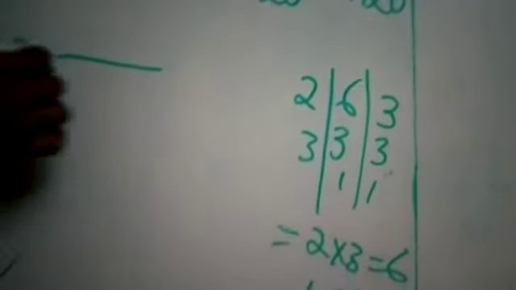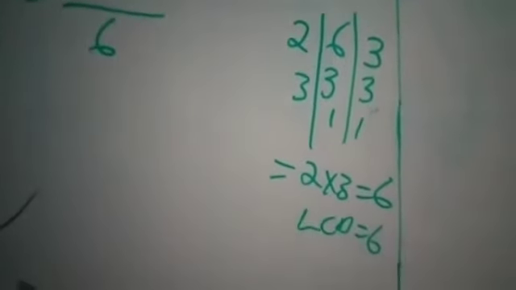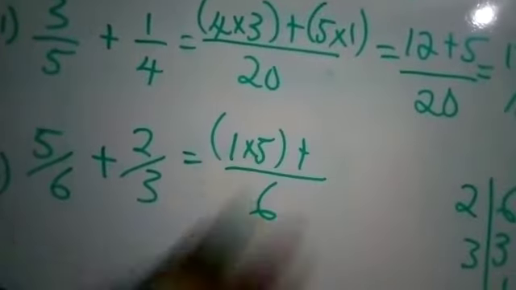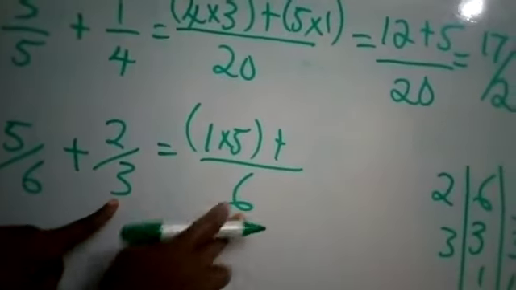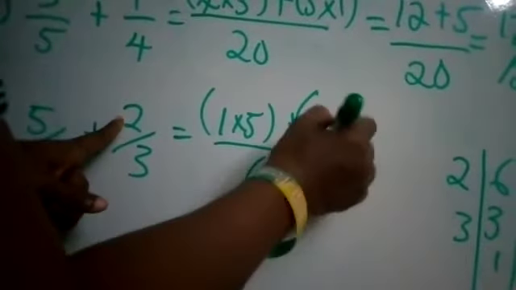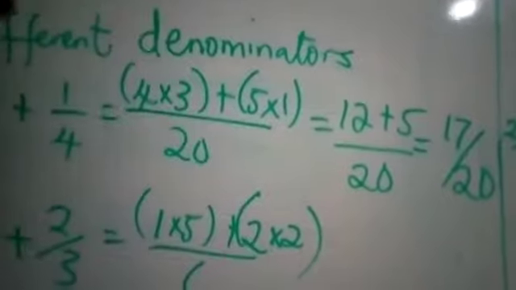So we pick our 6. That's our 6. 6 into 6 is 1 times 5, plus 3 into 6 will give us 2 times 2. We solve it out.